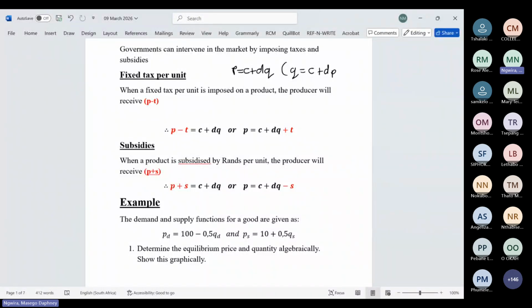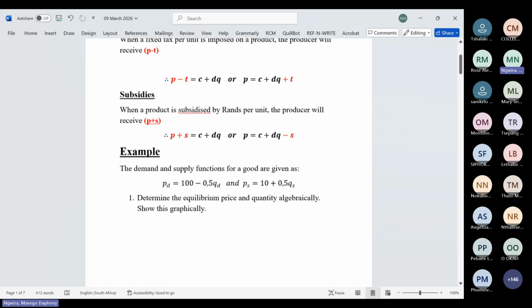So we are using this one from the supply function. So here we're going to have P minus T equals C plus DQ, and for a subsidy it is plus subsidy.